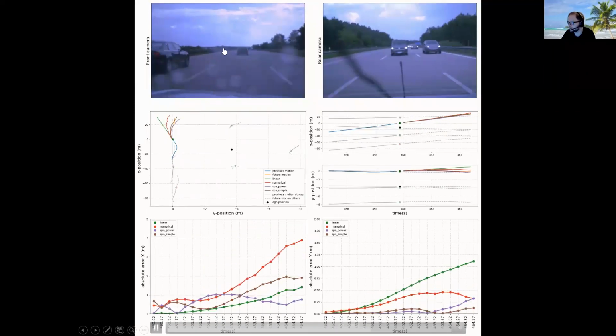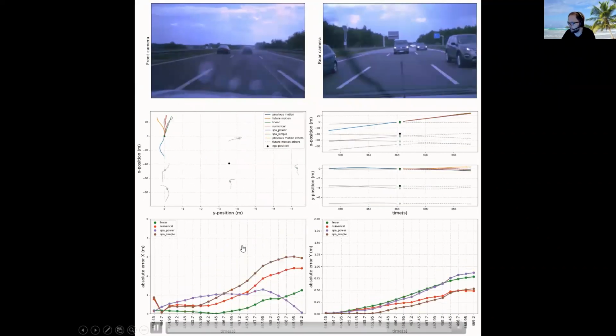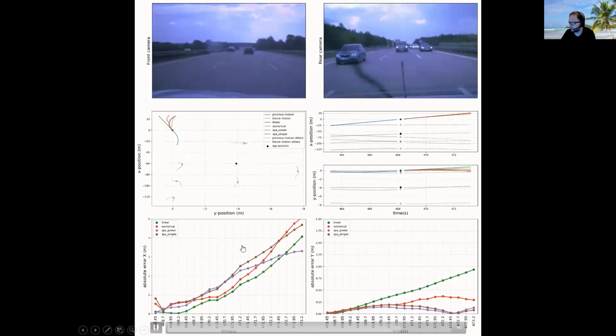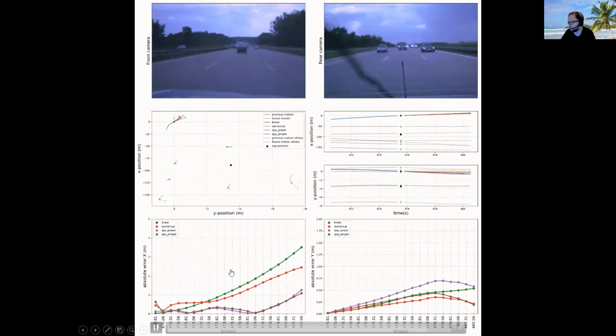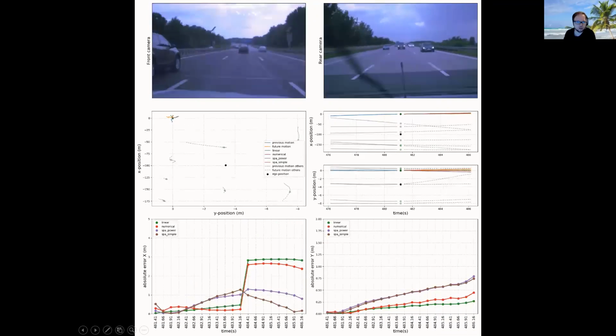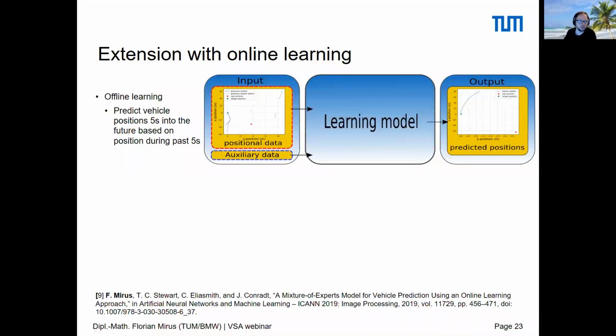And it highly depends on the situation which model performs better than the other. And that is why I extended this vehicle trajectory prediction model with an online learning model.